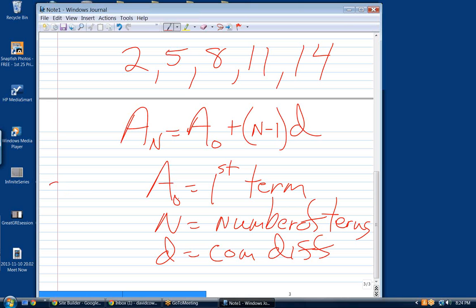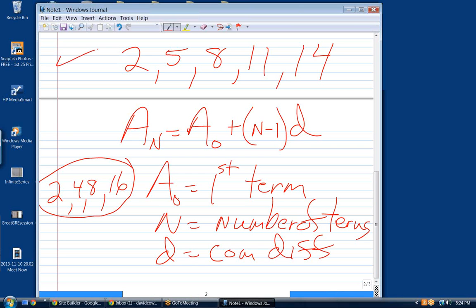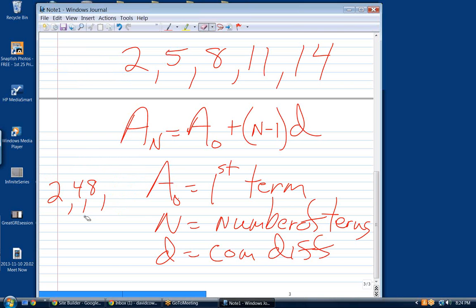In other words, if I had 2, 4, 8, 16, have you had geometric sequences yet? I think we have, yeah. Well, notice that every term is twice the previous term. Here, every term is the previous term plus 3. So that's the difference between arithmetic and geometric.